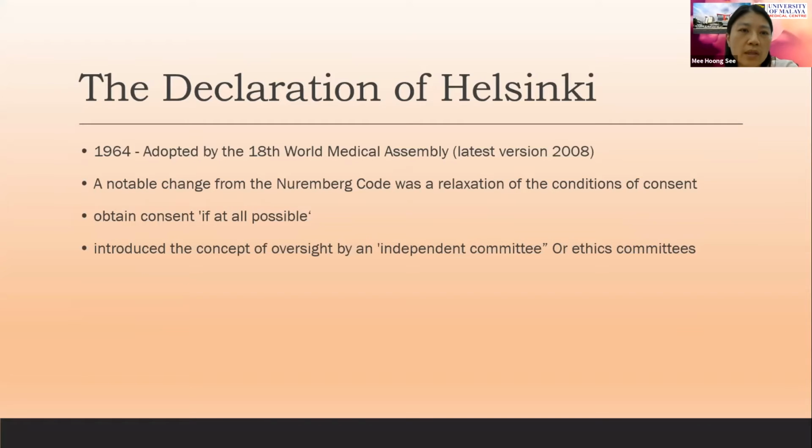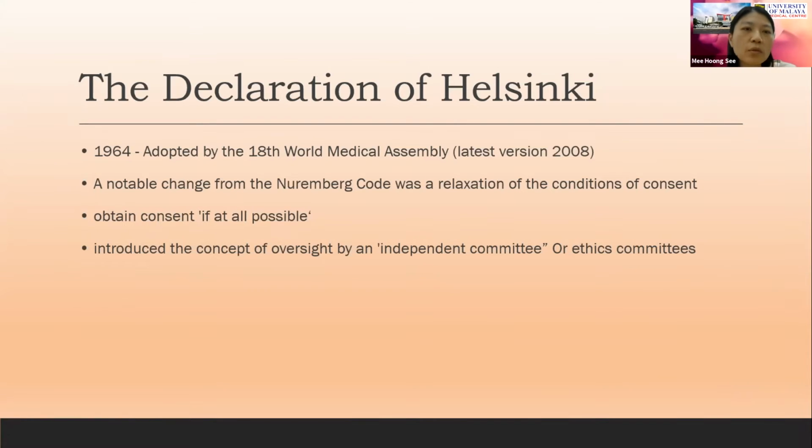Before that, the initial ethics code was the Nuremberg Code. That code was very loose, and was about how to take consent from patients and how to get your subjects for your study.